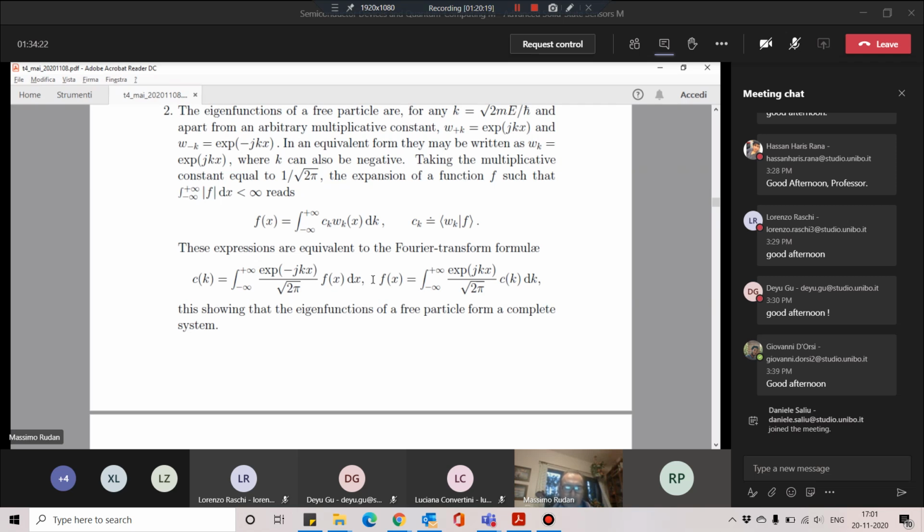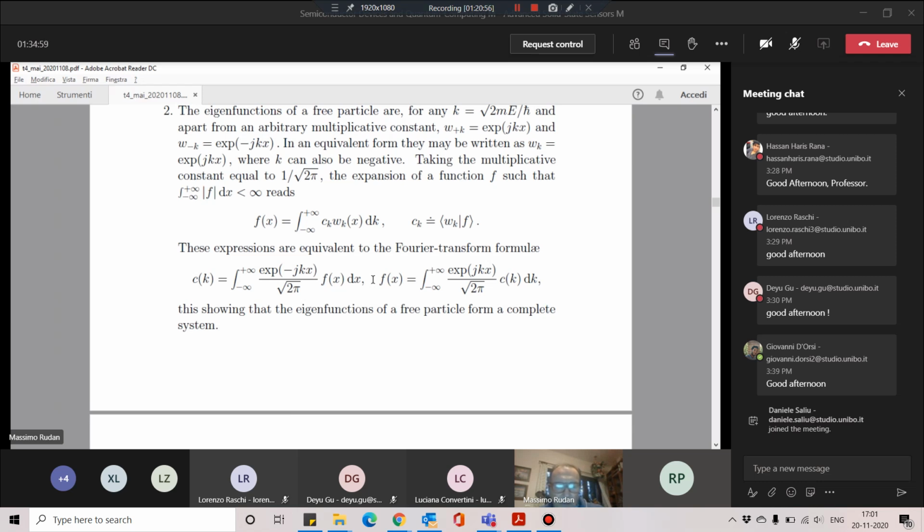We can write f as the integral from minus infinity to plus infinity of some c of k times w of k of x, in which, again, c is the projection of f over w, and w obviously is the exponential of jkx over the square root of 2 pi.